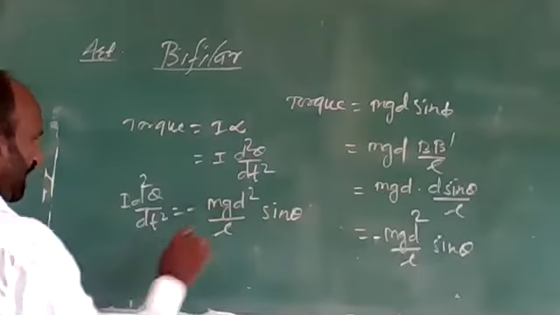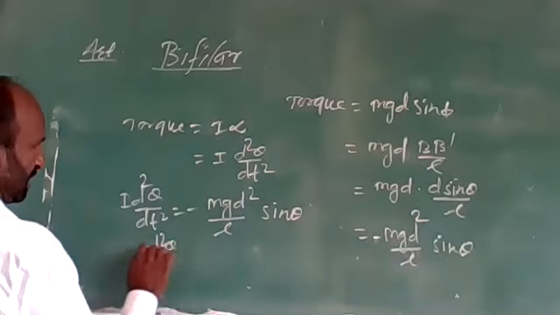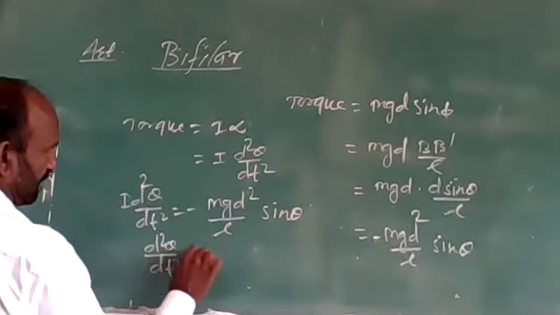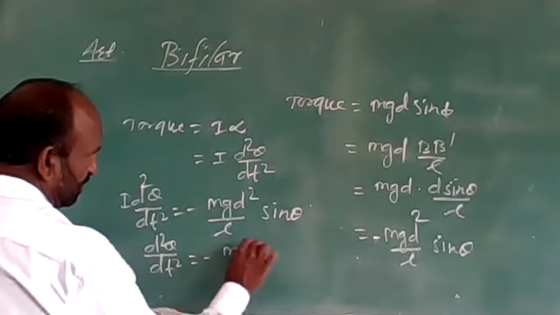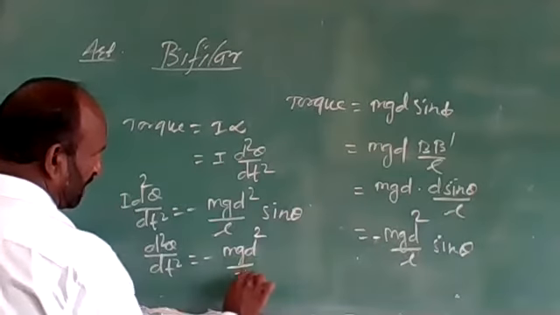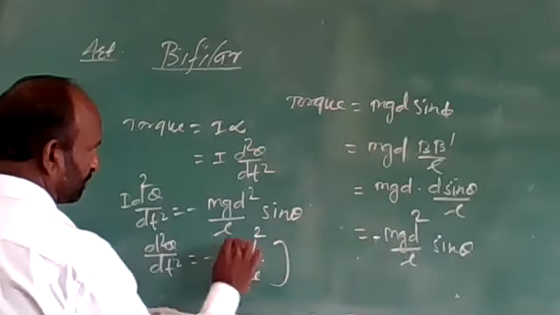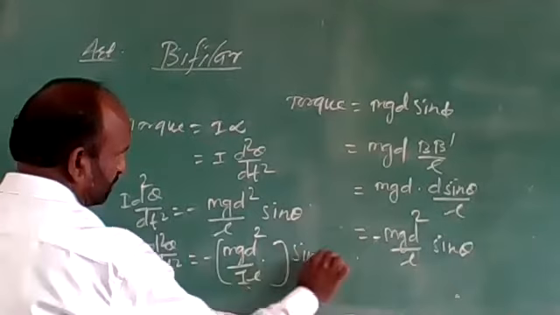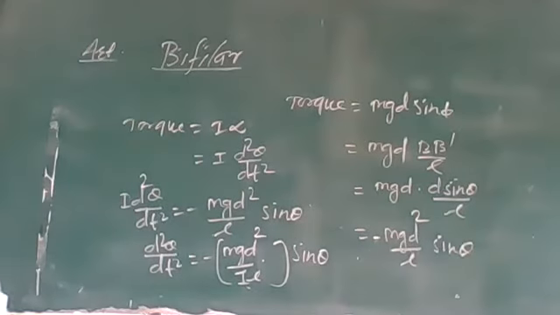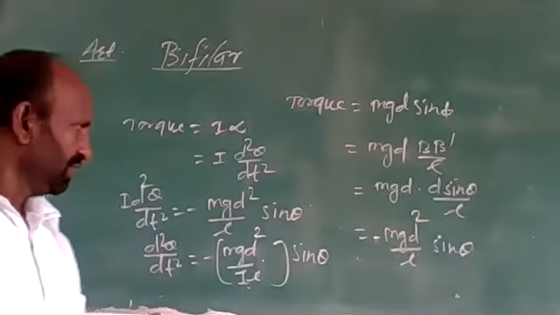Again, dividing this equation by I, we get d square theta by dt square is equal to minus mg d square upon I L into sin theta.